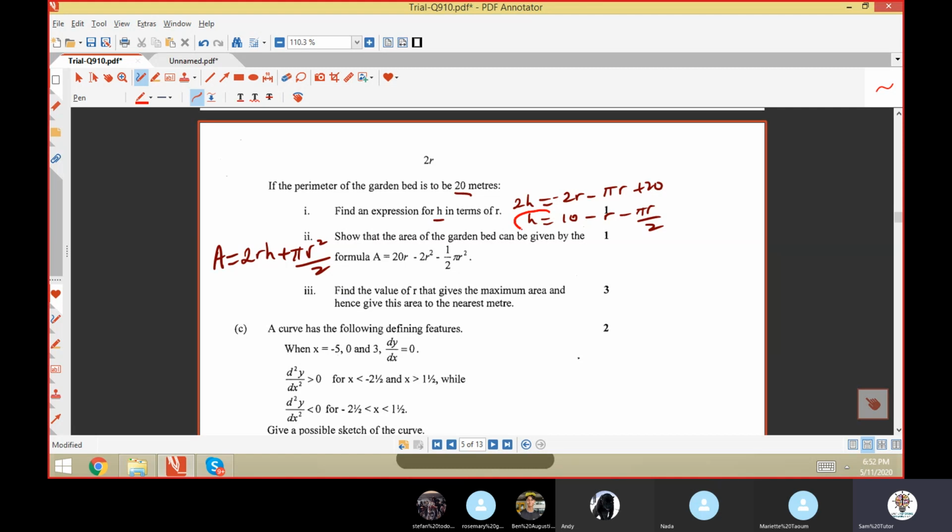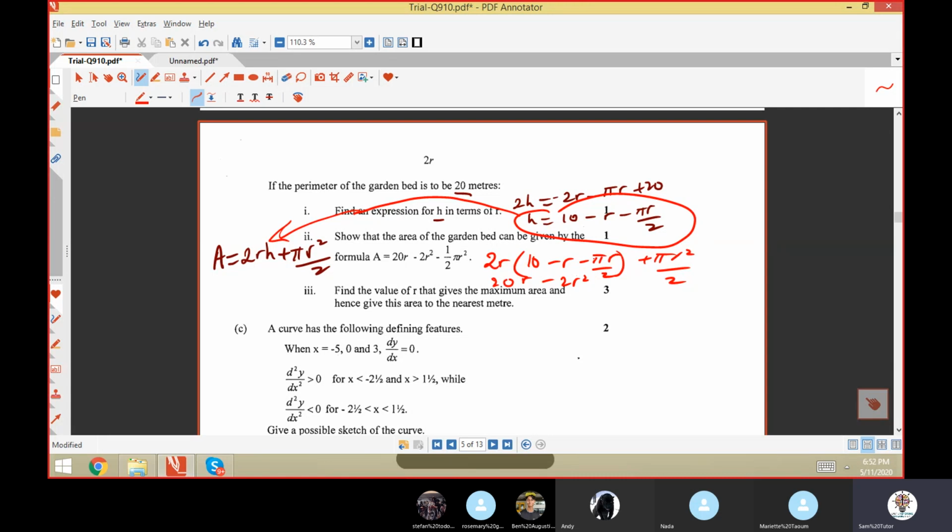So we found H is this. Do you agree with that? Yeah. So we're going to sub that H into this H now. And that would look like this: 2R times (10 take away R minus pi R over 2) plus pi R squared over 2. That becomes 20R minus 2R squared.